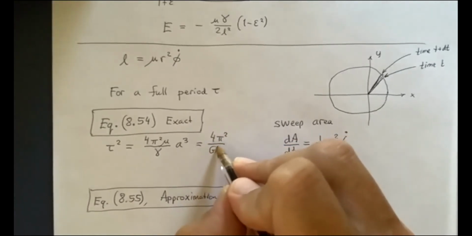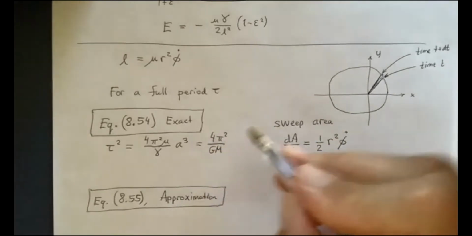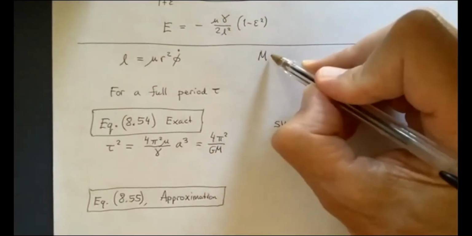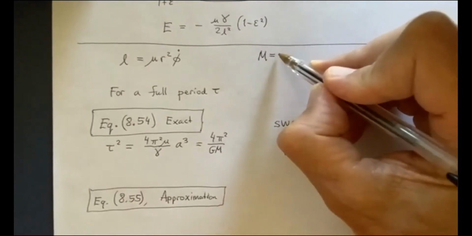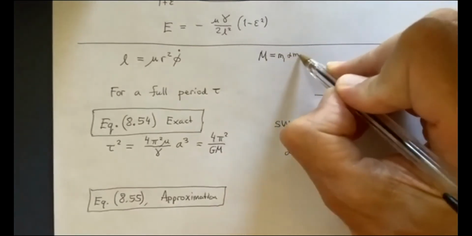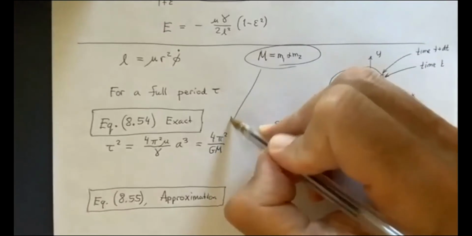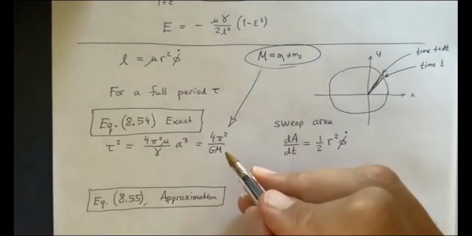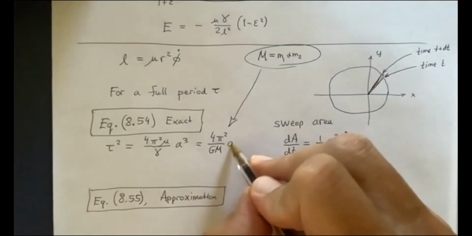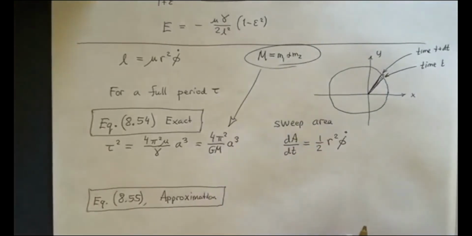And remember, this is the crucial thing. Here's the transition. Capital M, I must emphasize, this is one of our foundation things, is M1 plus M2, and there's an a cubed here. So that's the exact formula. Why would you do the approximation?